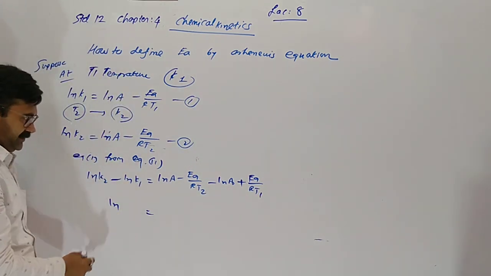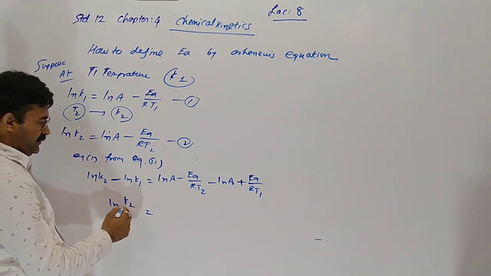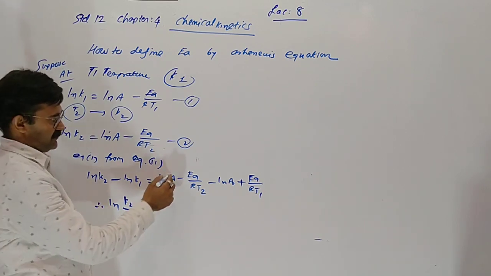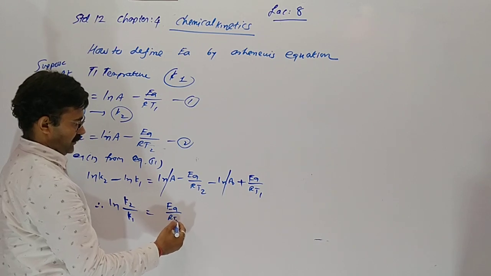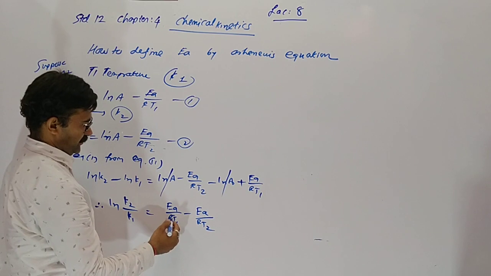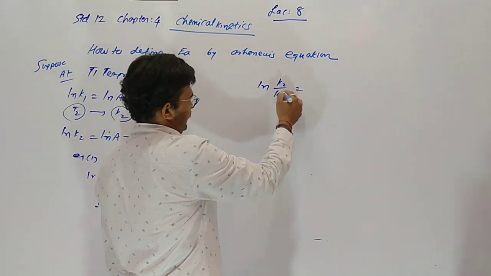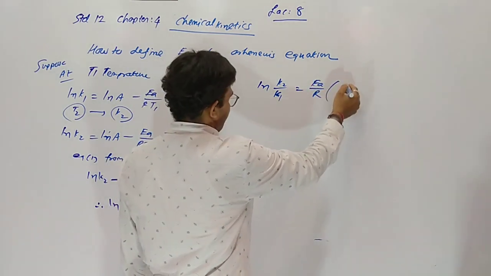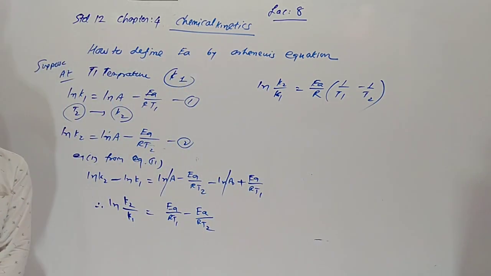Since the logarithms are subtracted, it will be in division form, k2 upon k1. ln A cancels, leaving Ea upon RT1 minus Ea upon RT2. So ln k2 upon k1 is equal to Ea upon R, which is common, times 1 upon T1 minus 1 upon T2.